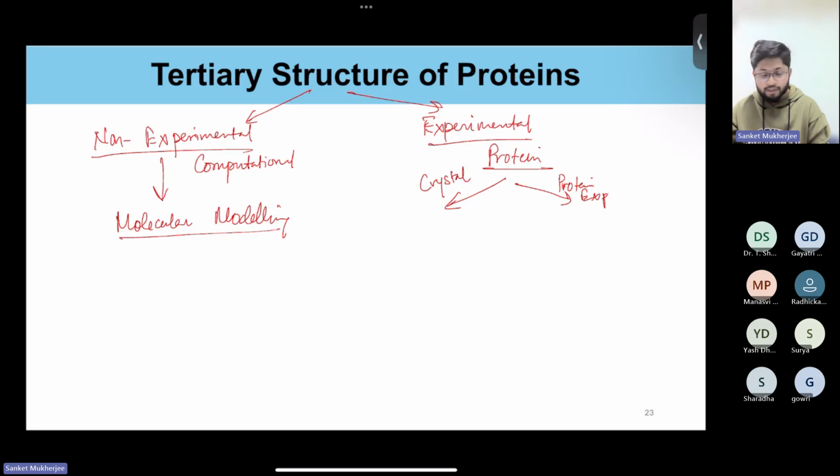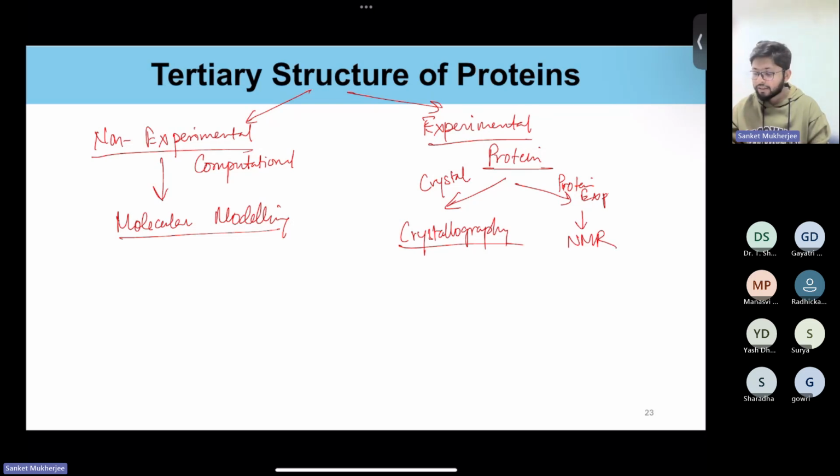If it forms a crystal, you will go for crystallography, which is again very well known, but forming crystals of protein is difficult. So sometimes when it is not possible, people go for something called NMR. It's done in the protein solution.